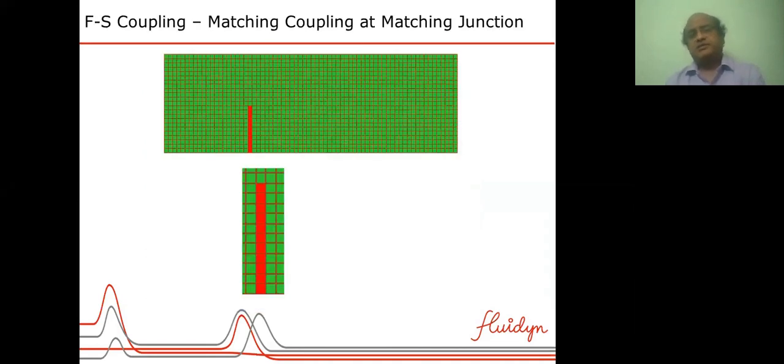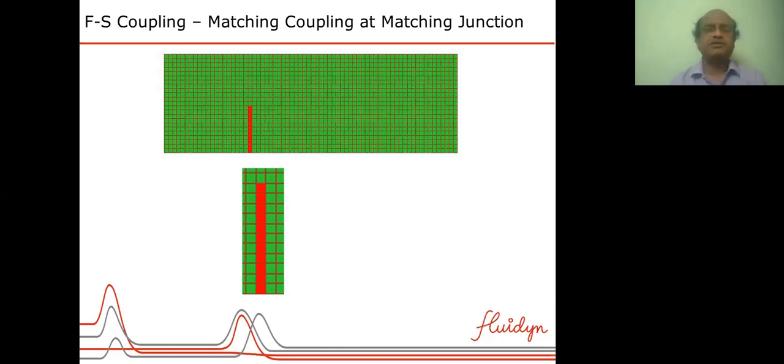One aspect in this is that we need to create two meshes, one for the fluid region, which you are already familiar with, and another mesh to represent the structure. For example, here you see the green region is the fluid region, and the red region is the structural region. When we create the mesh or discretize, there could be various scenarios depending on the difficulties in defining the problem.